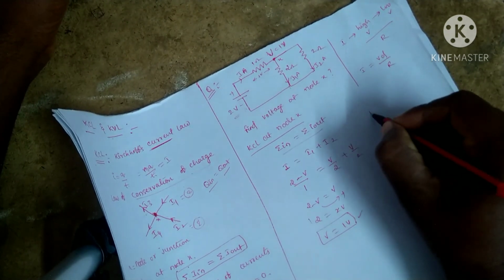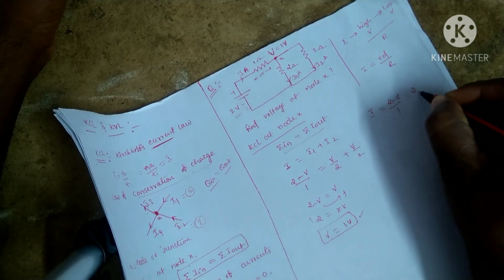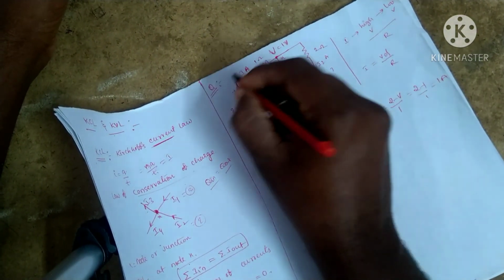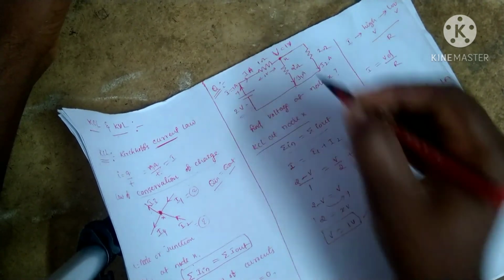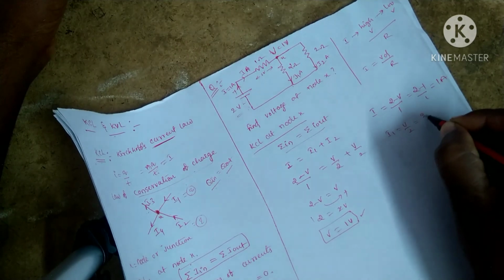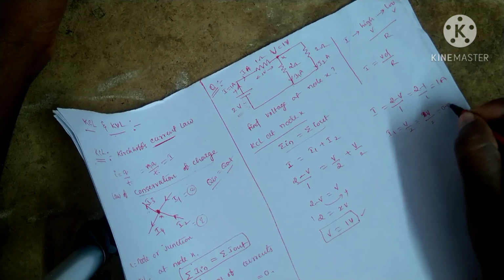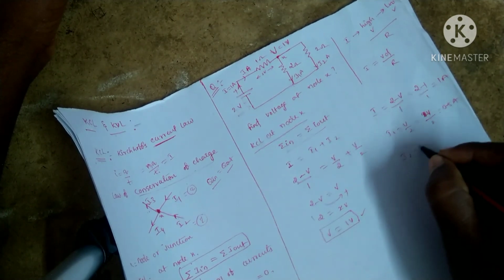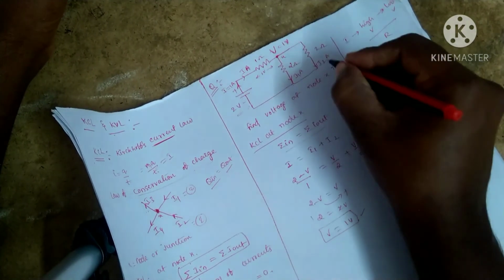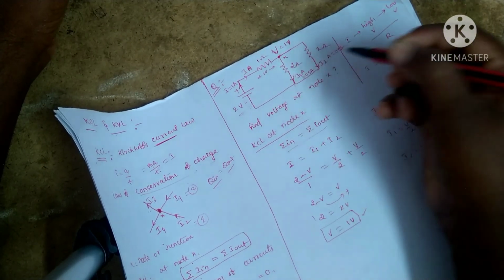This is nothing but I is equal to 2 minus V by 1, that is 2 minus 1 by 1, that is 1 ampere. That is the total current coming from the battery. I is equal to 1 ampere, and the I1 current is equal to V by 2, that is 1 volt by 2, that is 0.5 ampere. Similarly I2 is also V by 2, again 1 by 2, that is 0.5 amperes.